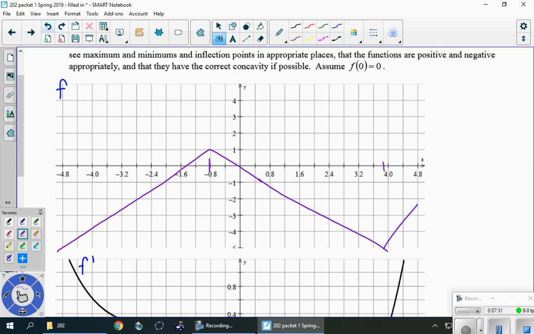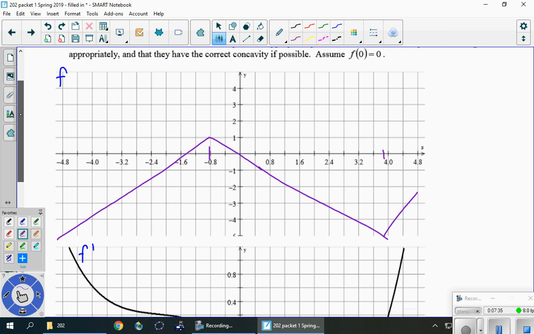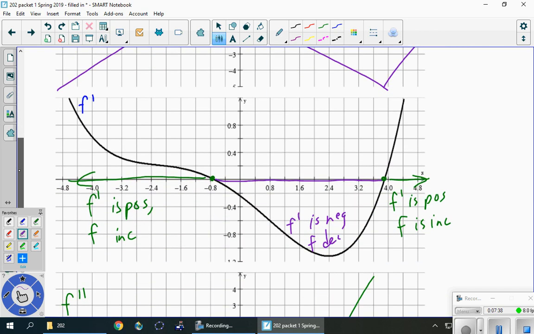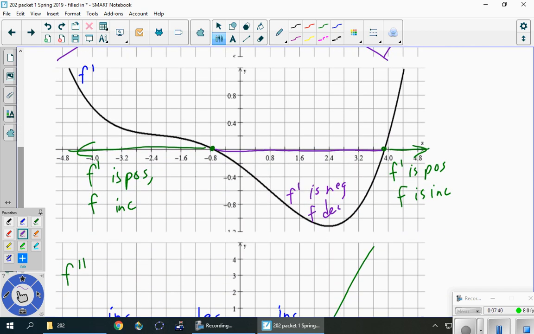Okay, so all that's left now is to think about the concavity of F, and the concavity of F has to do with the increasing, decreasing nature of F prime. So let's look at where F prime is increasing versus decreasing. F prime here in the beginning is decreasing all the way until we get there.